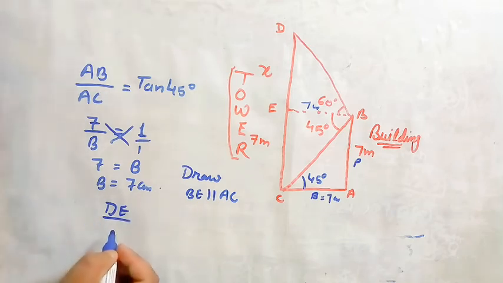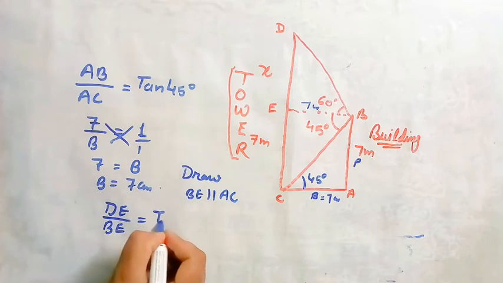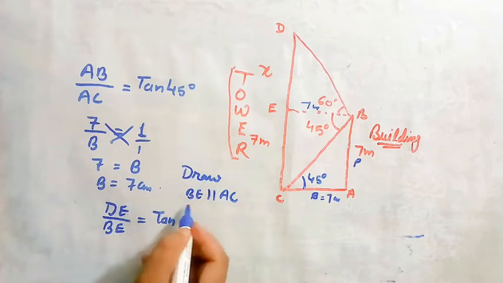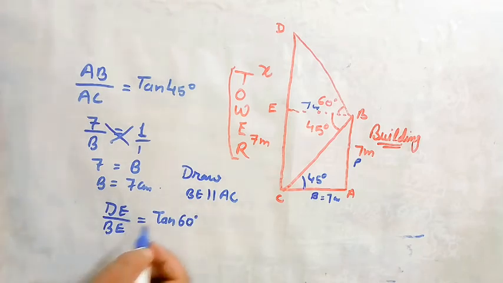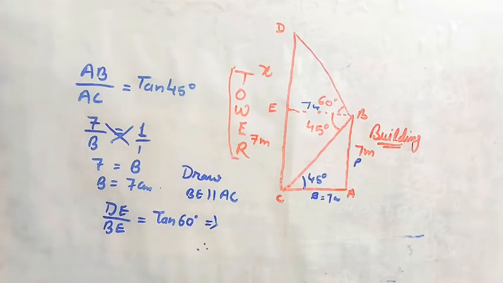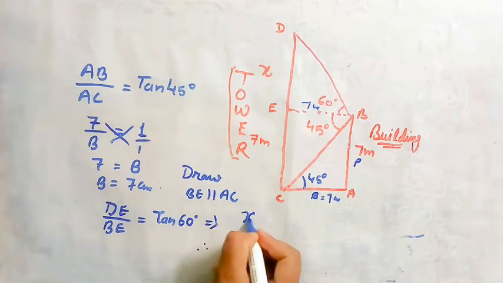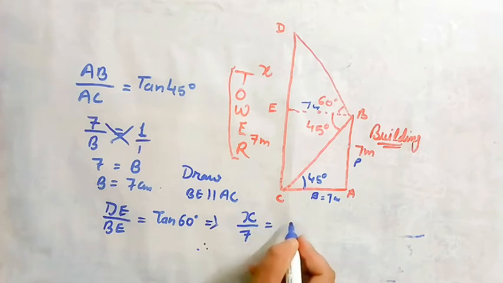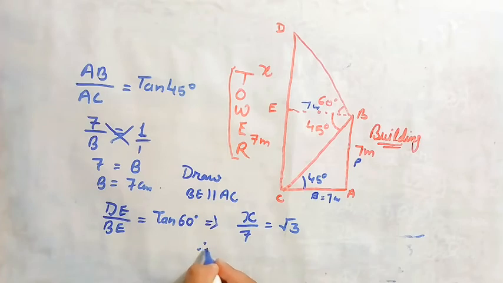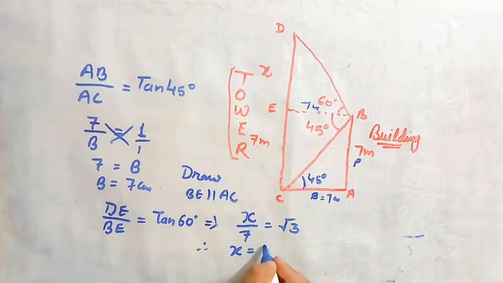So DE upon BE, which is perpendicular upon base, is tangent 60 degree. And we know that DE is X upon BE is 7 centimeter equals to tangent 60 is square root of 3.